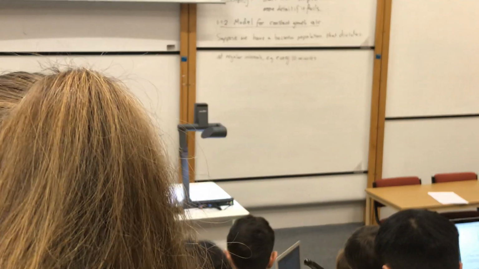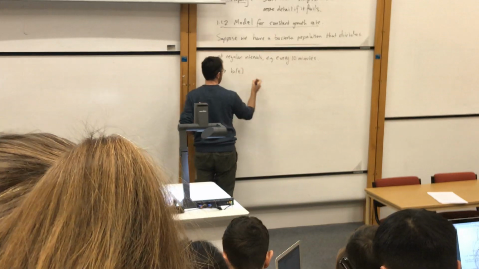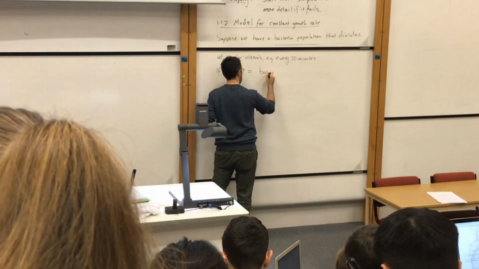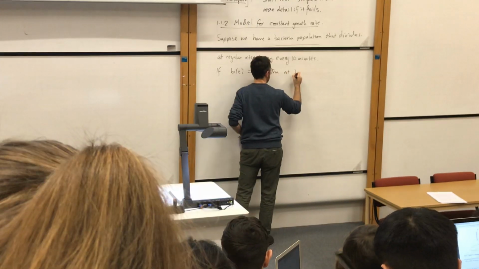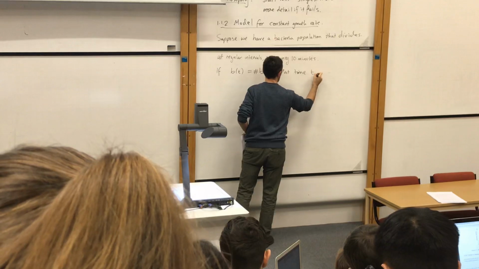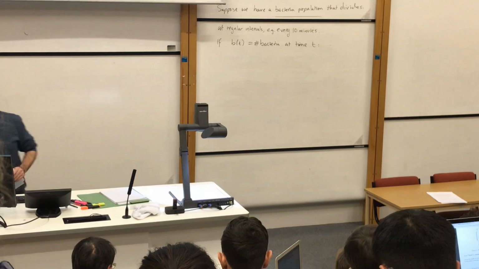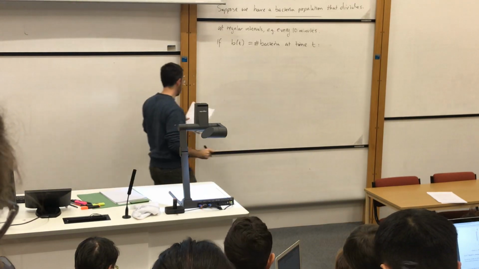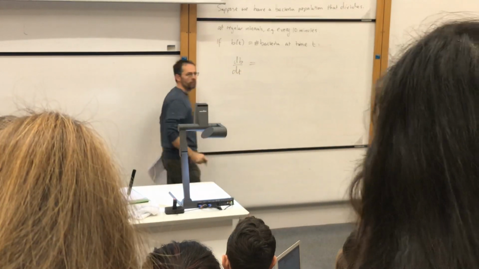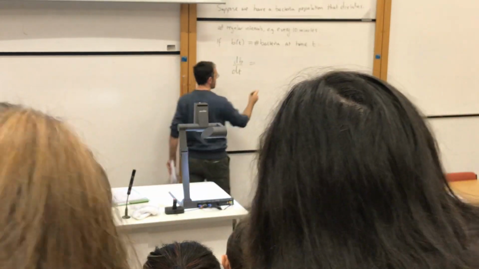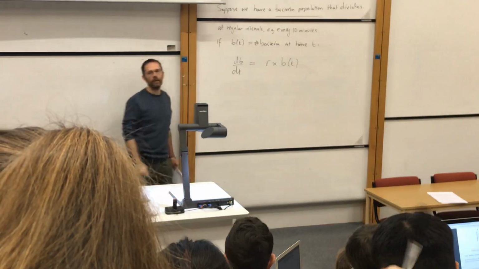Well, if we let B of t denote my bacteria number at time t. The classic model to describe this case is a very simple one. You'll have seen it in lots of previous courses. It will be simply dB/dt is some parameter r, my growth rate, times B(t).